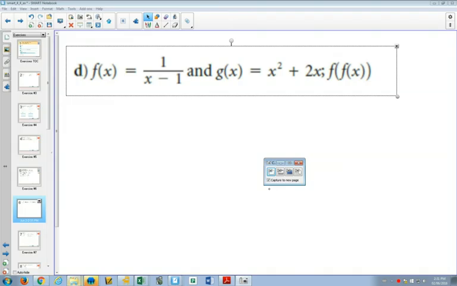So again, what we're doing here in 6 is finding an explicit equation and then stating the domain.